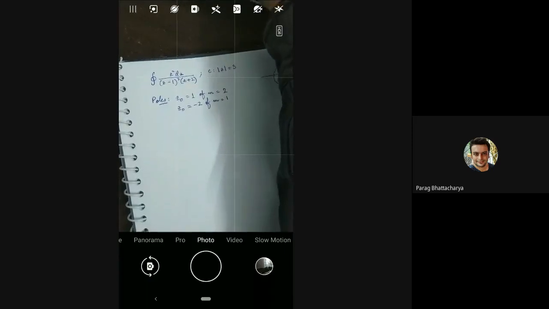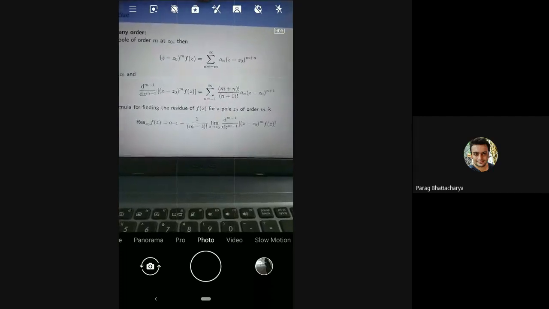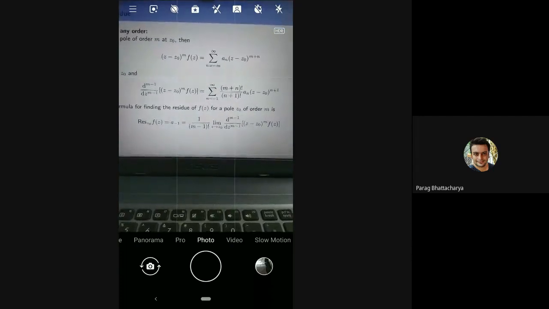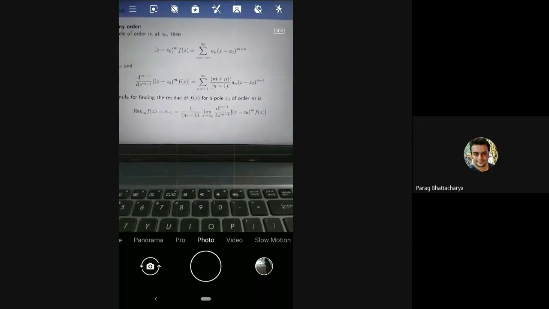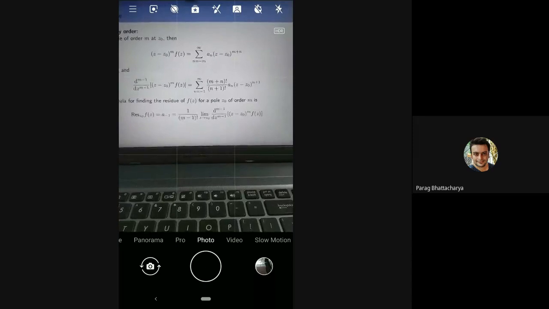So let me get the formula on the screen. This formula is what I'm going to use, the residue for a pole of any order m. Let me copy this down. Residue at z naught of f of z is equal to 1 by (m minus 1) factorial.